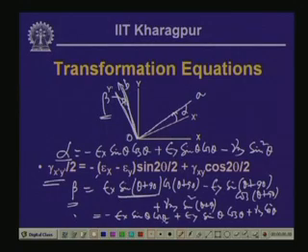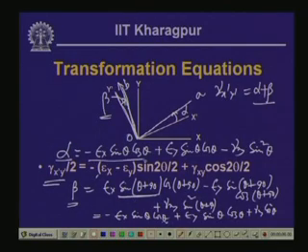So, if we add this alpha and beta, we get the value of gamma x dash y dash. Gamma x dash y dash equals alpha plus beta, and if we add them up, we get minus twice of epsilon x sin theta cos theta, twice of epsilon y sin theta cos theta, and gamma xy cos square theta minus sin square theta.